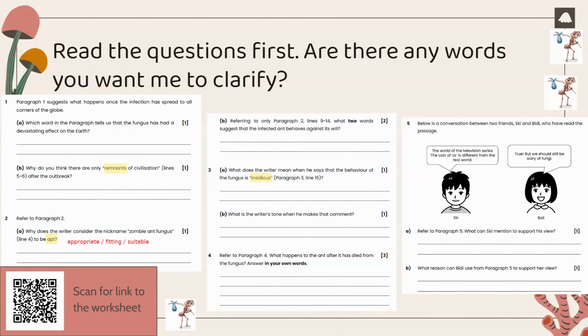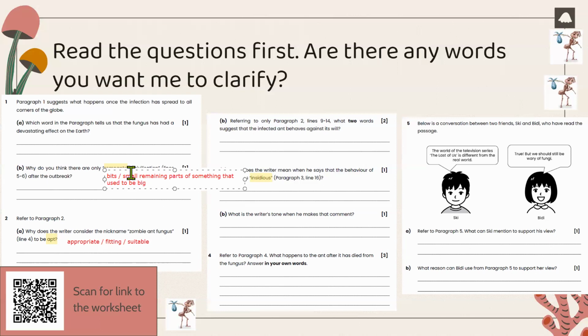Now, next one is remnants. I believe with remnants, you can think of it as bits, like the word remains. What is remaining of something? So remnants refers to the small remaining parts of something. I would say bits and pieces: small remaining parts of something that used to be big.